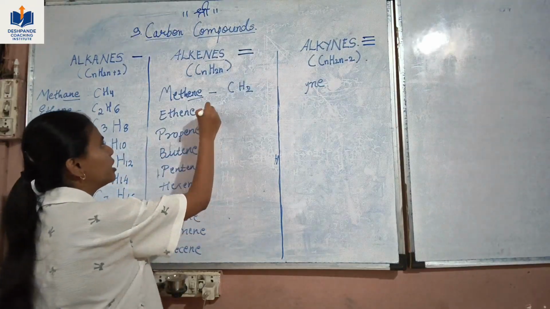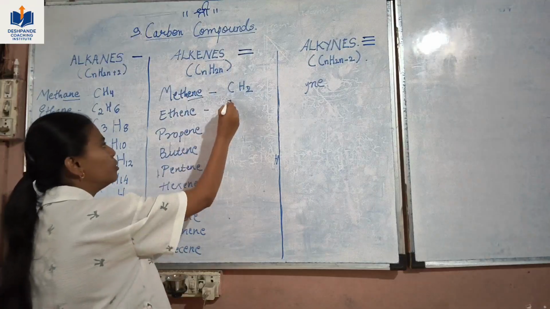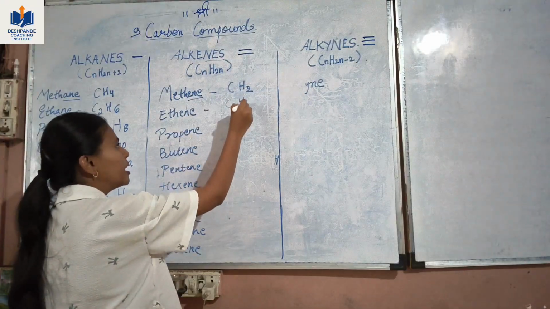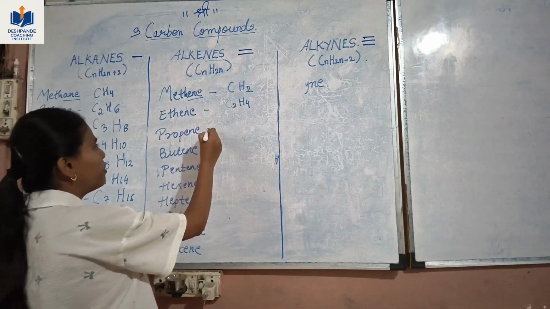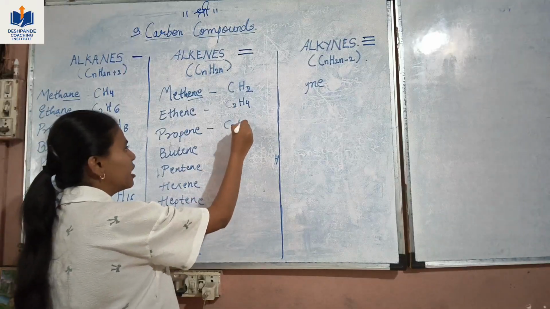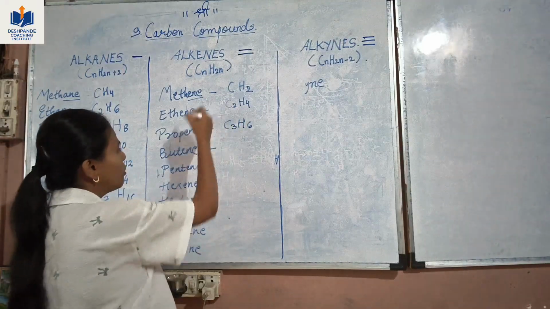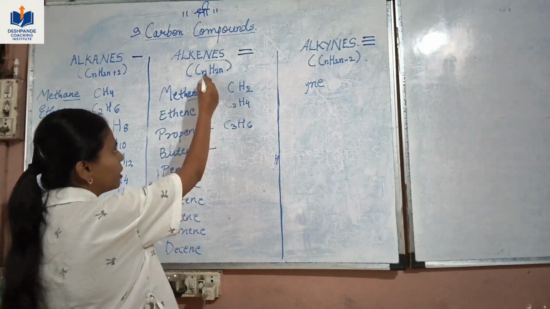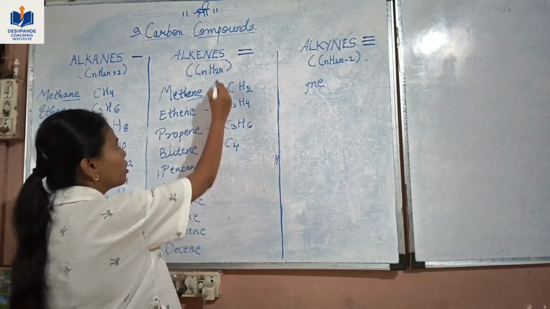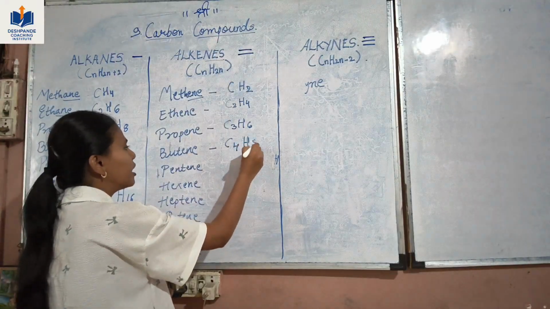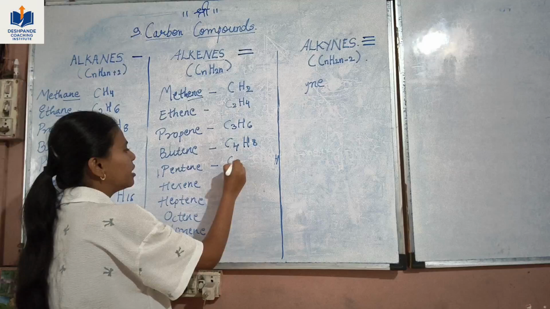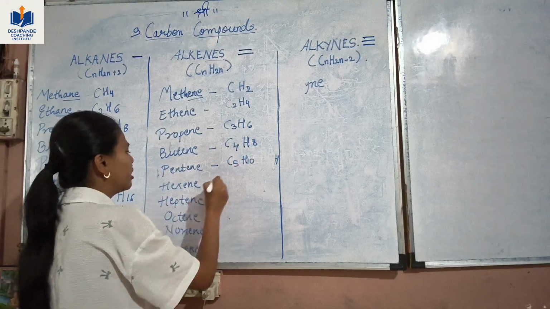Then for ethene, if we put n equal to 2, C2H4. So for propene, it is C3H6. For butene, we have to put n equal to 4, so 2 into 4 is 8. C4H8. For pentene, it is C5H10.